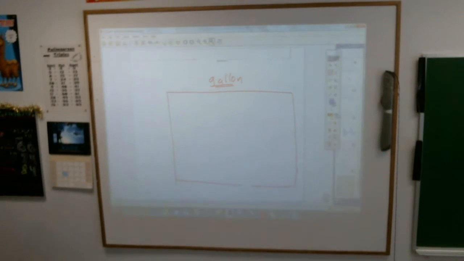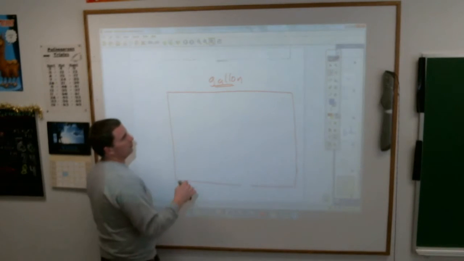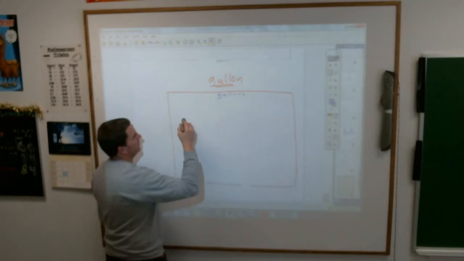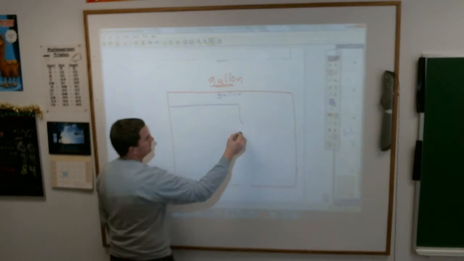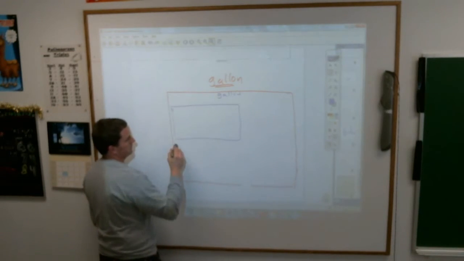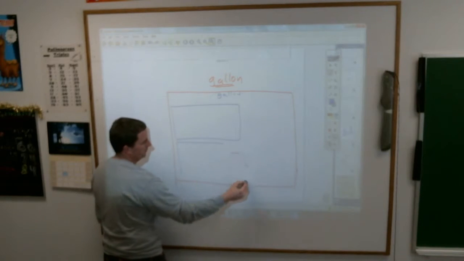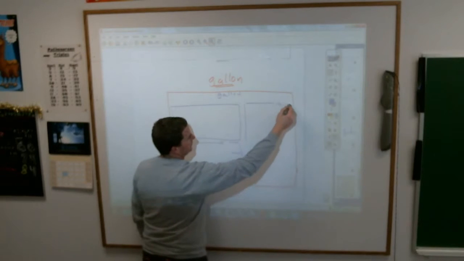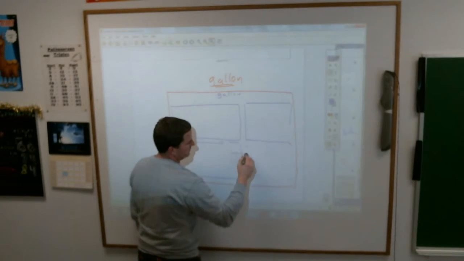So, did I teach you that? In 1 gallon here, I maybe should have put my gallon in here. There are 4 of these lovely quarts. Probably could have made them a lot more even, couldn't I?